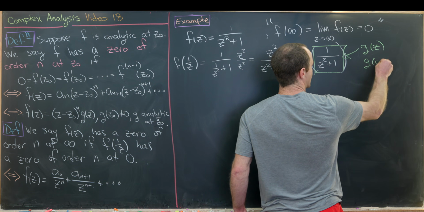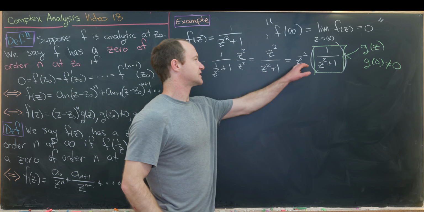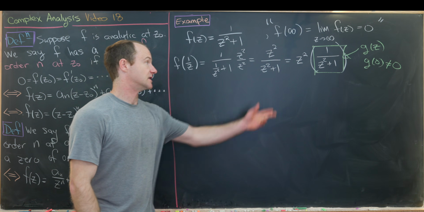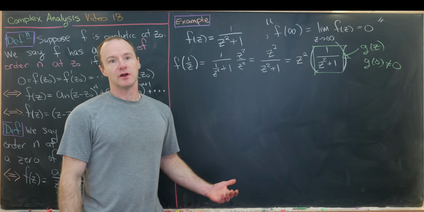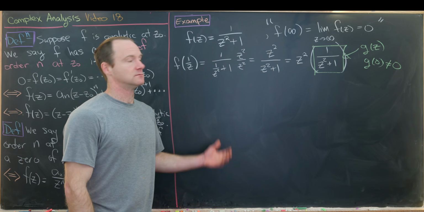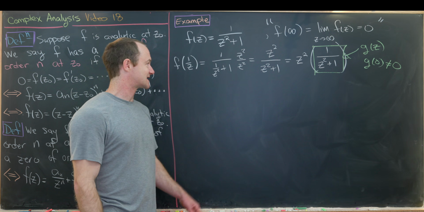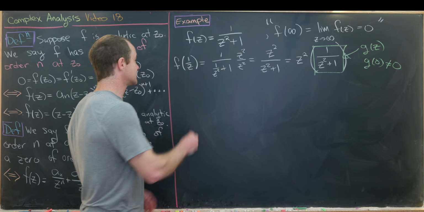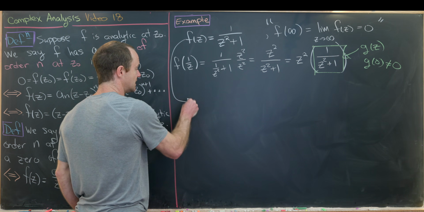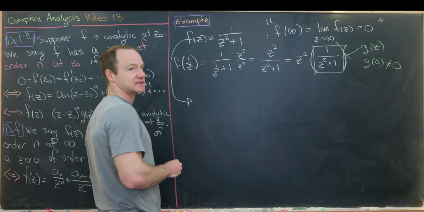So if we evaluate g at 0, we do not get 0. And so since we factored out this z squared, we know that we've got a second order zero at z equals infinity. Okay, so furthermore, we can expand this at infinity using the standard rules for expanding geometric series.